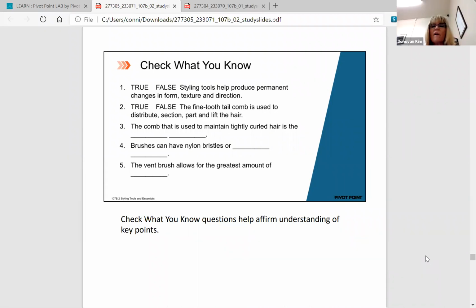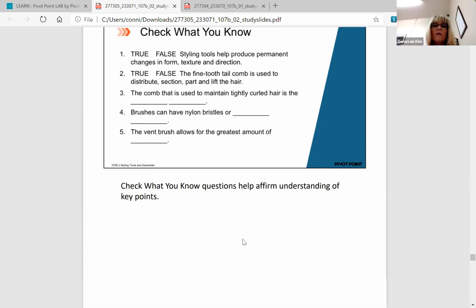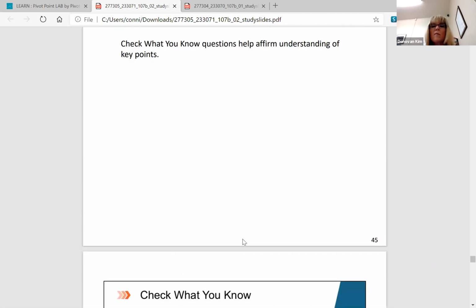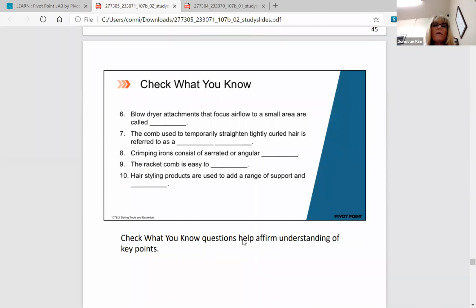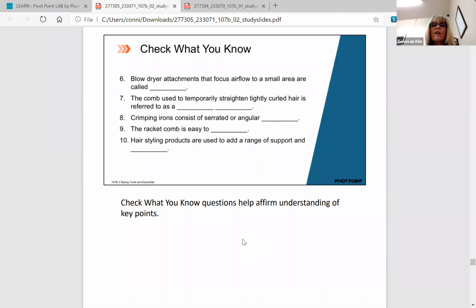Brushes can have nylon bristles or, not sure, I think that would be natural. The vent brush allows the greatest amount of airflow, maybe. Blow dryer attachments that focus airflow to a small area are called concentrators.